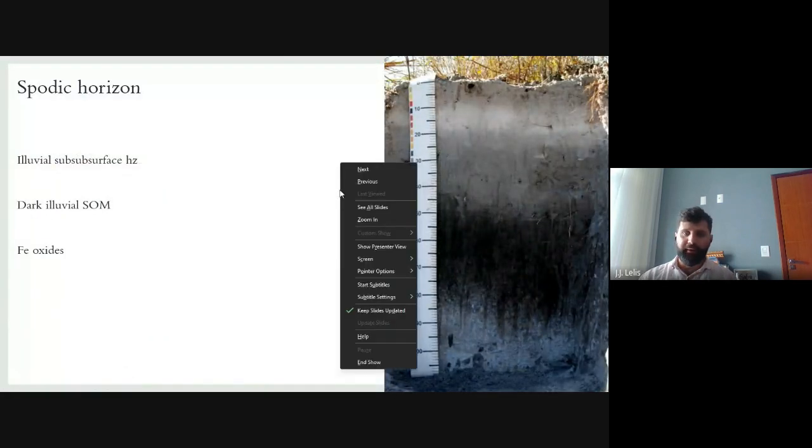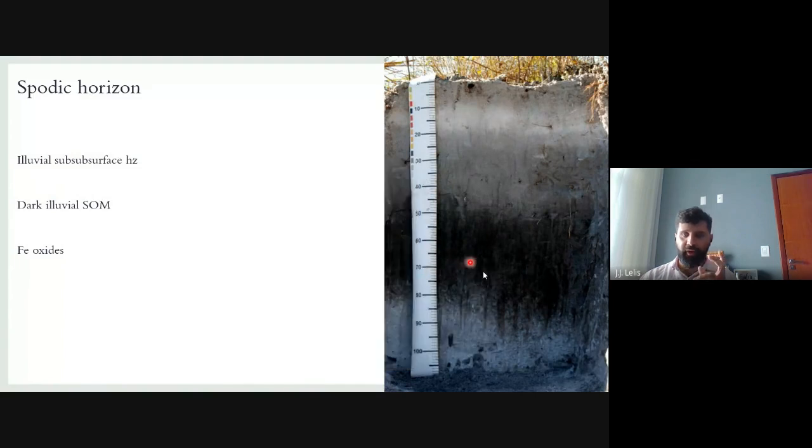So even if we find something like this, a subsurface horizon with dark colors, if the organic carbon content is equal or higher than 20%, we have an organic horizon, and in this case it is a folic or histic horizon.